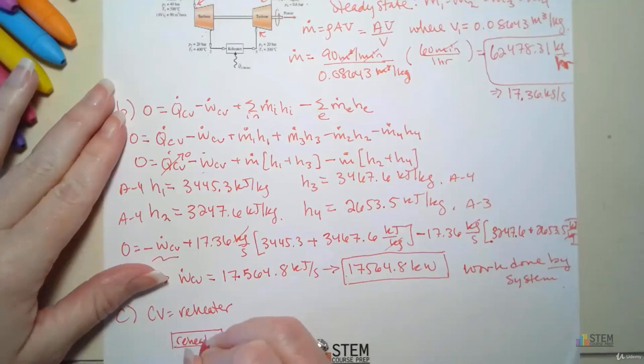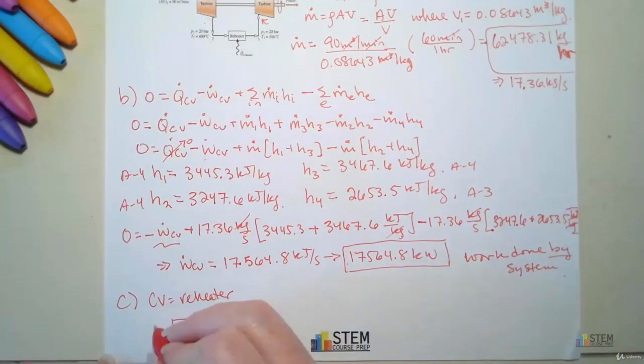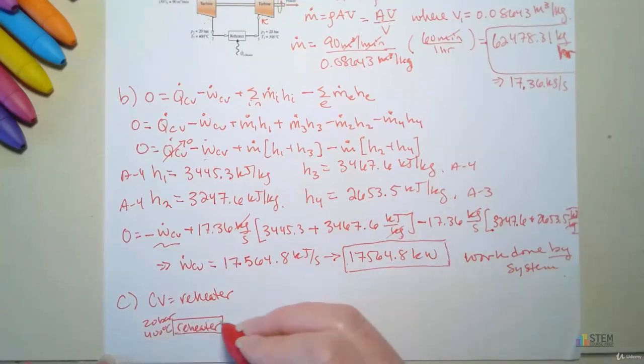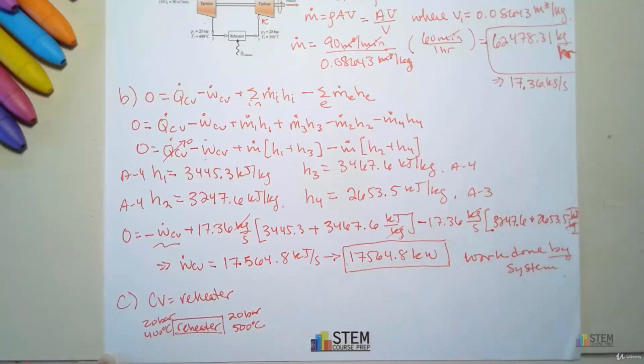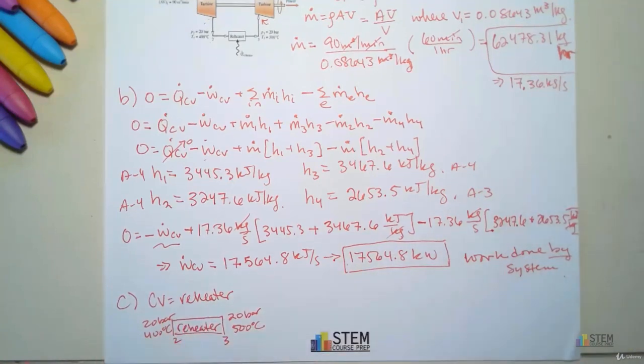At this point, we don't care about those turbines. Okay, so we just care about this. So our pressure is 20 bar, temperature is 400 degrees, and then we leave at the same pressure, 20 bar, and then our temperature is now reheated back to 500. This is 0.2, that's 0.3.